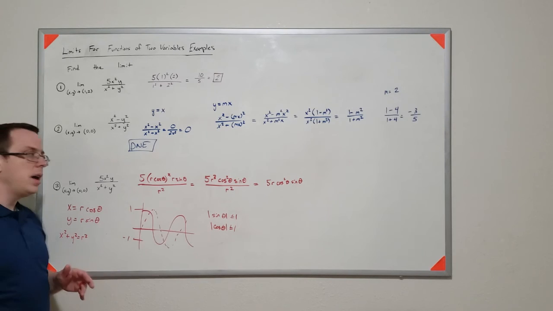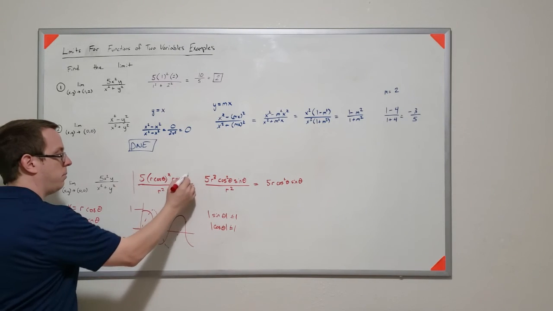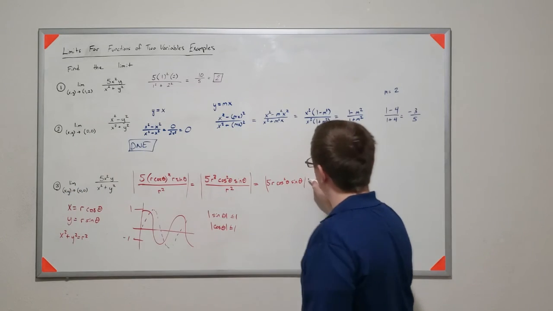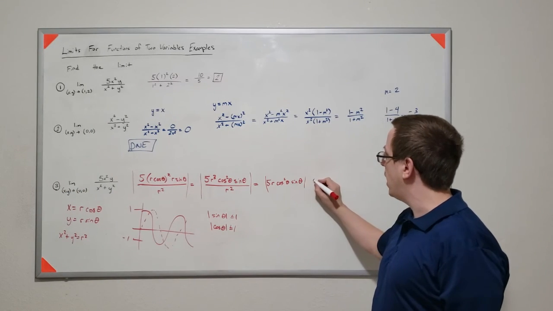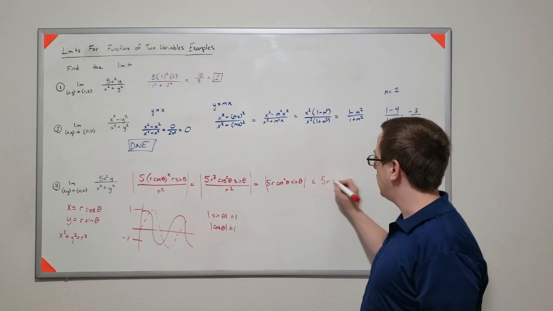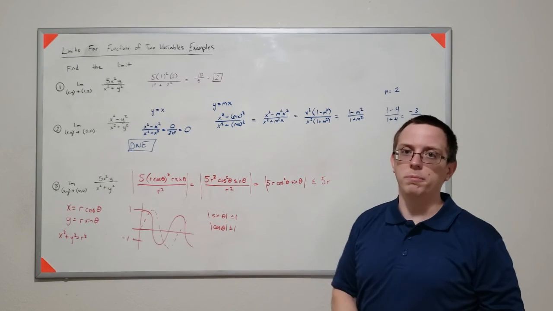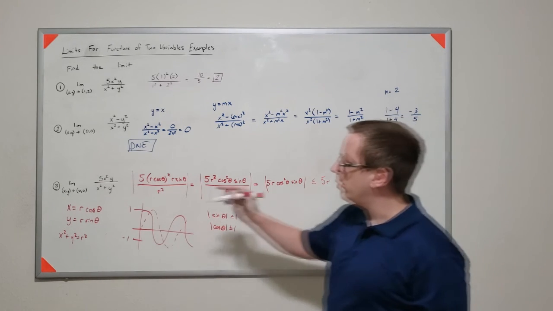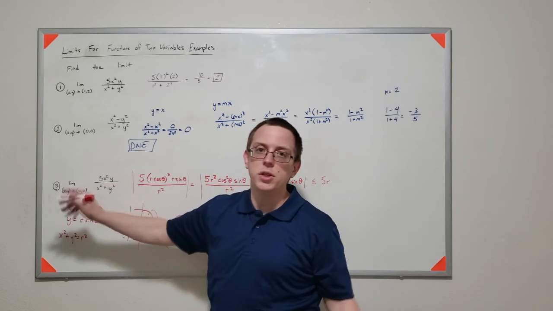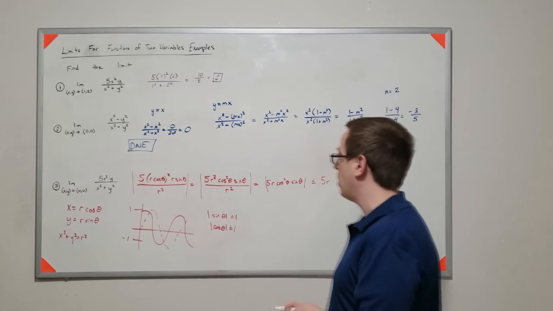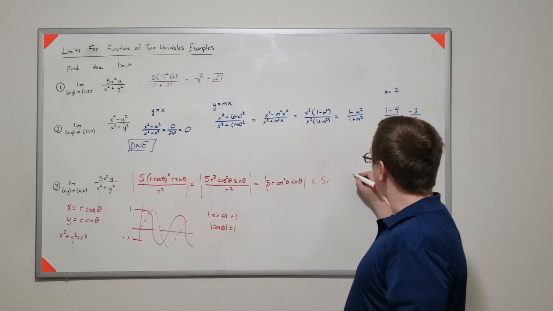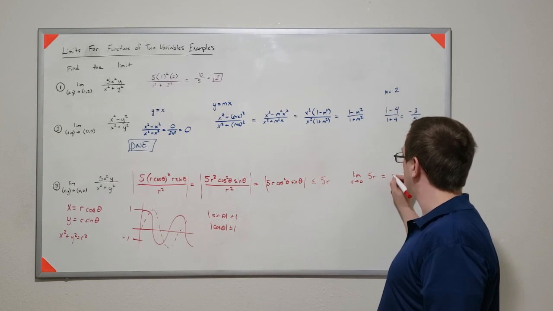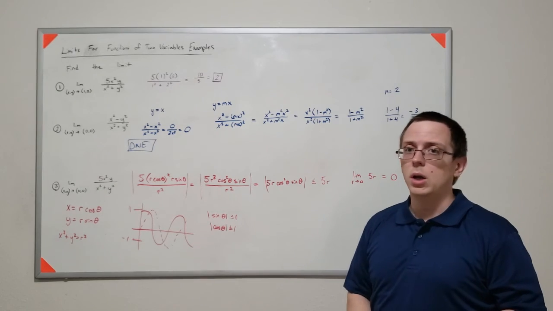So if I think of this as its absolute value, then I know that it has to be less than or equal to 5r. But we know that the limit as (x, y) goes to (0, 0) means r has to go to 0. So what we're really doing is taking the limit as r goes to 0 of 5r, which is 0.